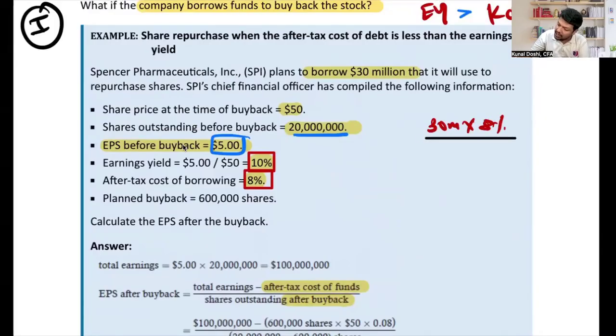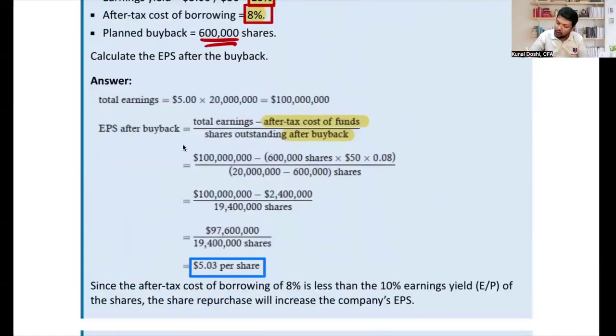In the denominator, from the 20 million shares I had initially, whatever shares I'm going to buy back, 0.6 million, will be adjusted. If you do that, you will see that the earnings per share has increased, and that's because of the comparison of earnings yield and after-tax cost of debt.